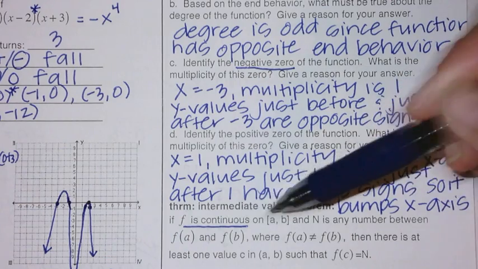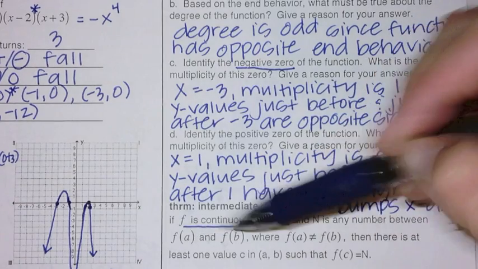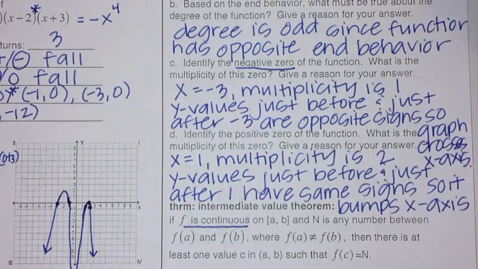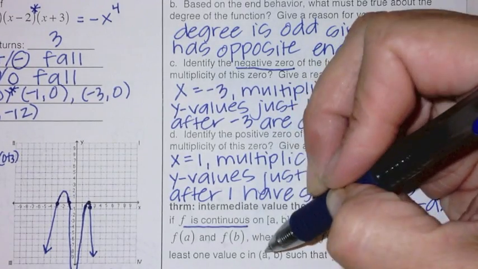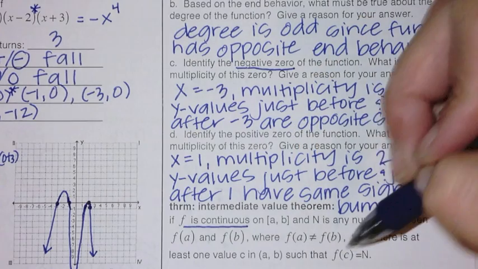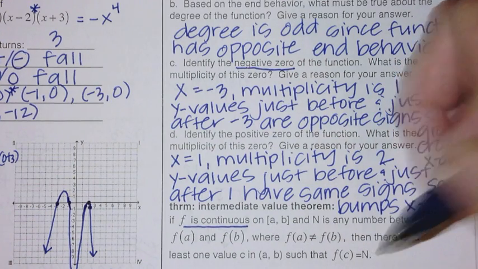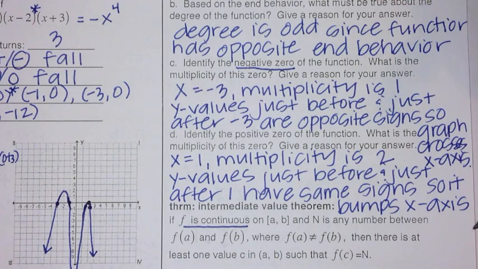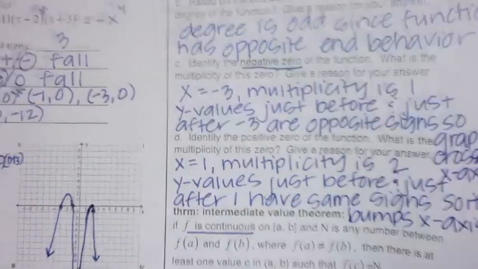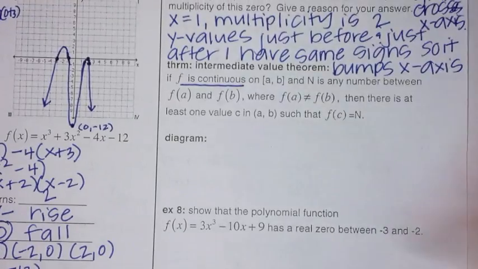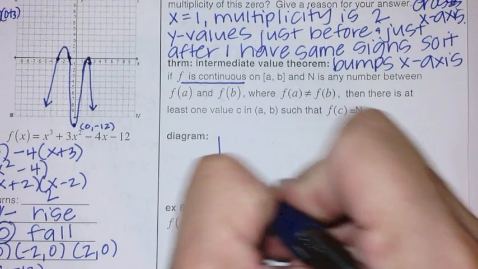If f is continuous on some interval and n is some number between two y values, then there is at least one value of x between a and b, such that when you plug in that x value, you're going to get an n. That sounds super confusing, but let me draw you a diagram first to see if that's a little bit more helpful. And then we'll show you how we use it in this class and in calculus specifically.